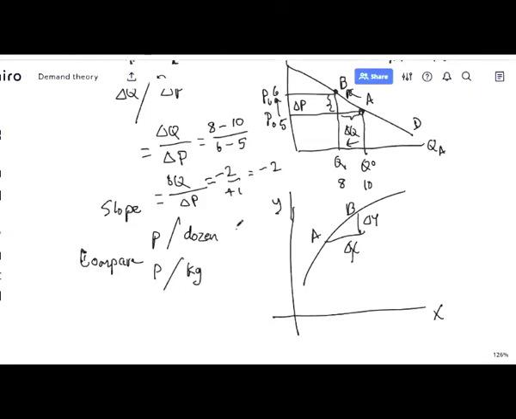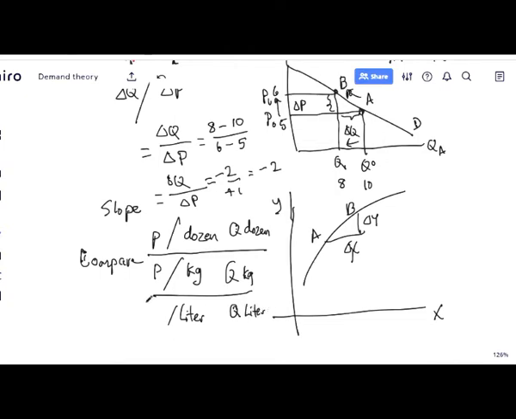One quantity is in dozen, another quantity is in kilogram. And the products in the real world are all different, one in liter, another one in kilogram. So we have all these unit problems.